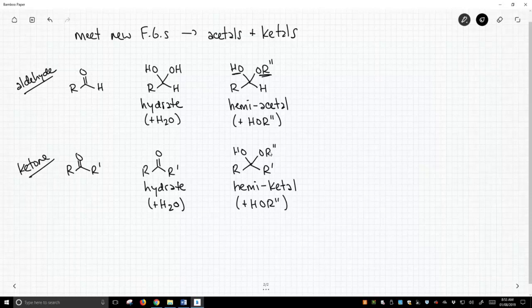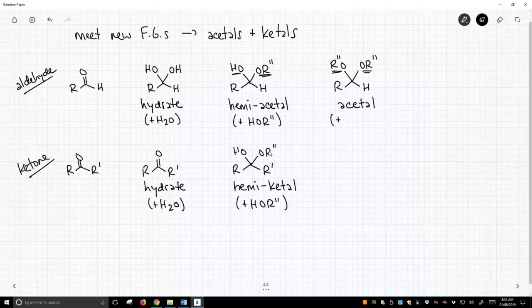Now, last but not least, we have a fourth option. And that's to get something that looks like this. Now, these two alcohol groups, these two OR groups, do not have to be the same, but just to simplify things, we're going to show them as the same. This is not a hemi-acetal, this is now a complete acetal.